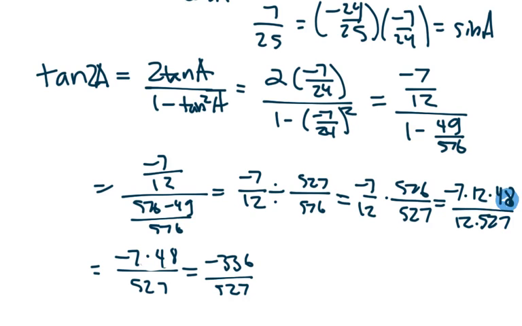That's 12 times 4. So 576 is also 12 times 48. This is helpful because it helps us reduce these factors of 12 that we had here and here, so that we get 7 times 48 in the numerator, which should be 336. So this is finally one of our answers.